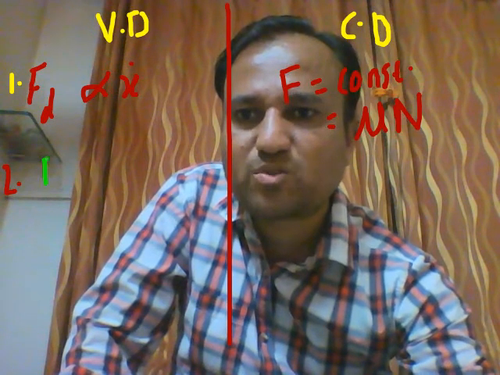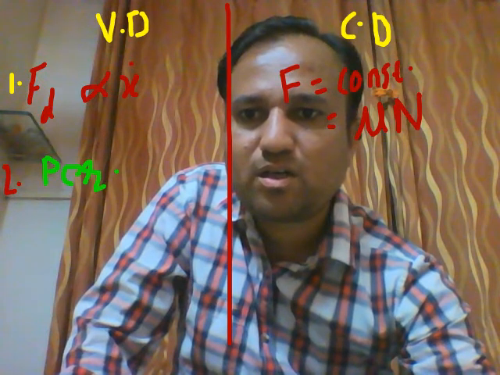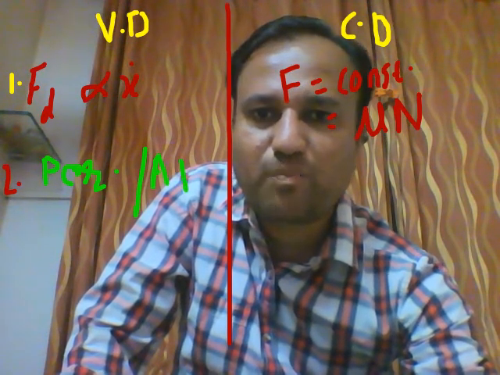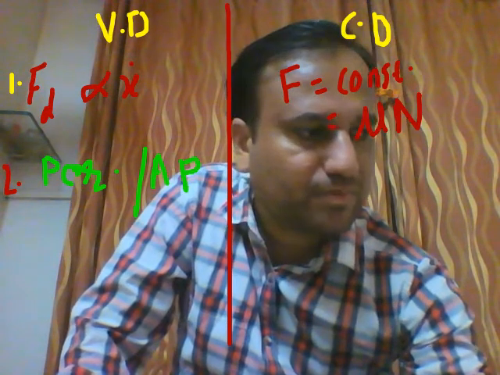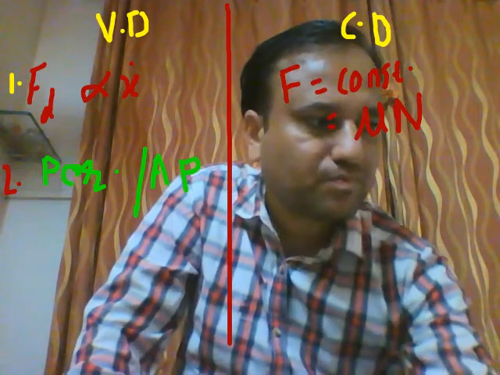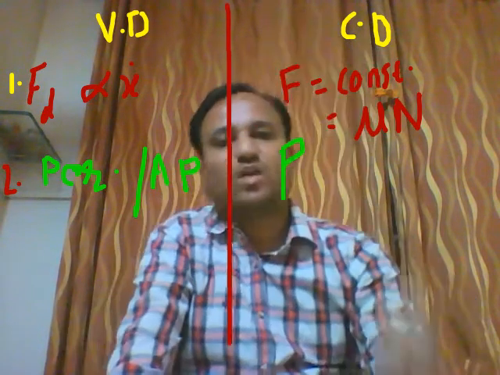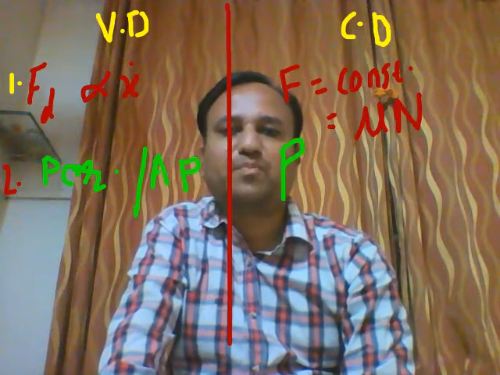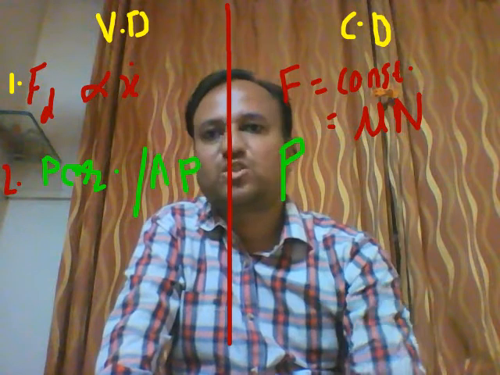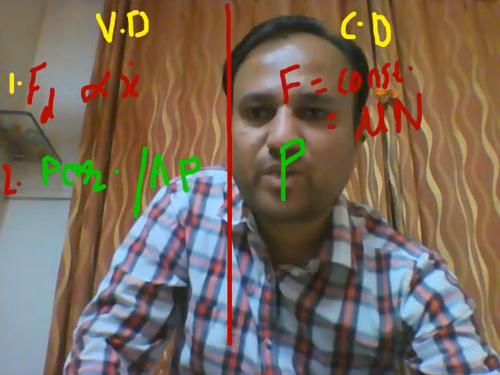Motion may be periodic or aperiodic or non-periodic. In Coulomb damping, motion is always periodic. Motion of the vibrating body is always periodic. In viscous damping, motion may be periodic or non-periodic.